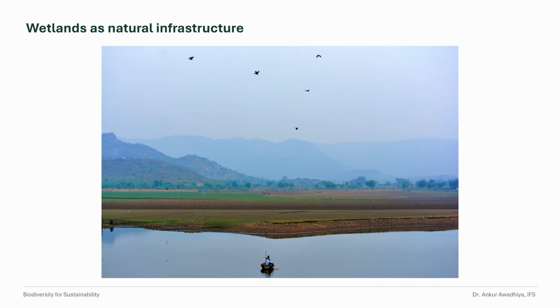It stores water, so it's a storage structure. It slows the peak flows, so it's a flood protection structure. It filters contaminants, so it's a water treatment structure, and it supports habitat. Once we see wetlands in this way, filling one becomes clearly a trade-off with long-term infrastructure consequences, not simply a decision about an empty area.